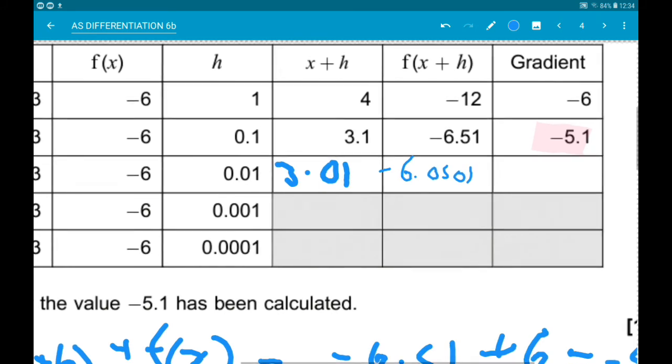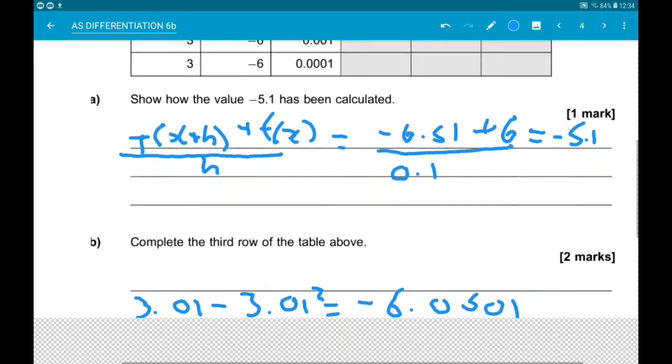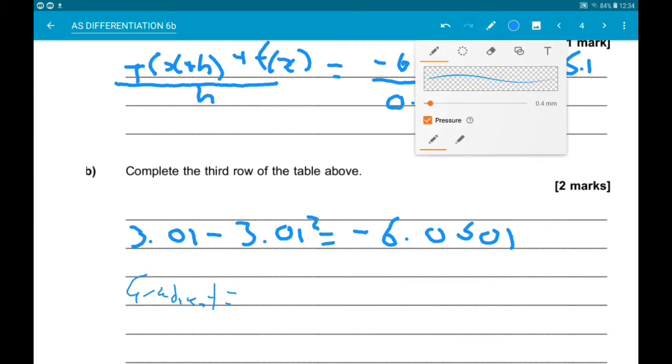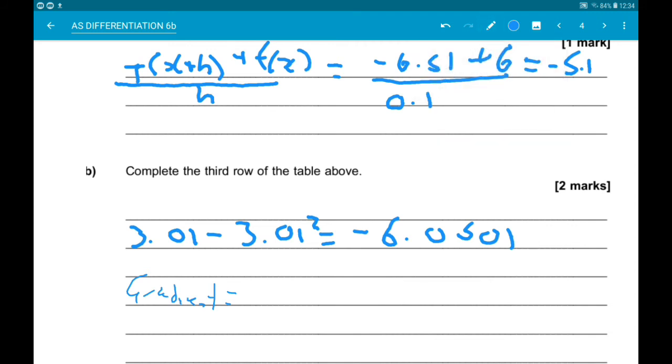And then the last one is going to be, so the gradient is minus 6.0501 minus 6, so add 6, all over 0.01.